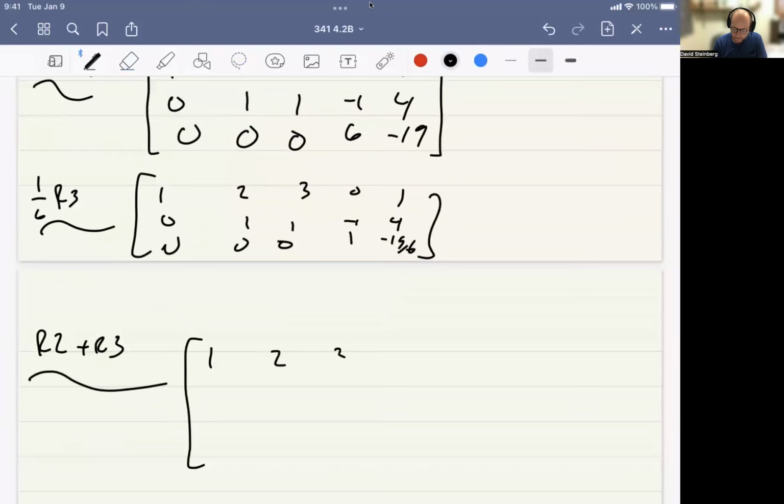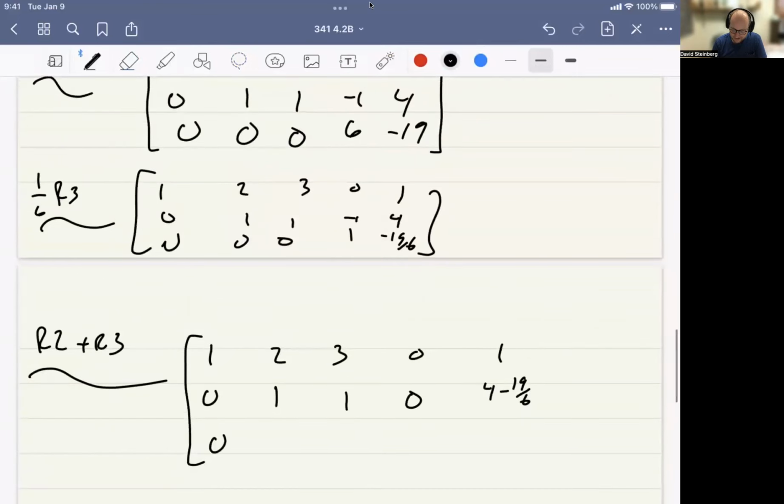1, 2, 3, 0, 1, 0, 1, 1, 0, and then we've got 4 minus 19 over 6. We'll worry about that in a second. And then row 3 hasn't changed: 0, 0, 0, 1, negative 19 over 6. And what's left is to take out that 2 in row 1, column 2.